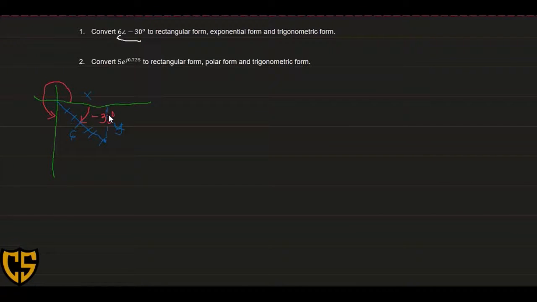So mas okay gid if we are going to isolate sa ating nga triangle. So we have X nga value, Y nga value, and R, which is 6, and our angle is negative 30 degrees. So that's it. We now have the triangle.